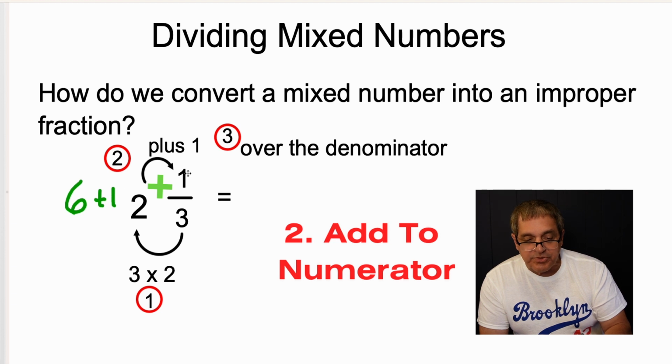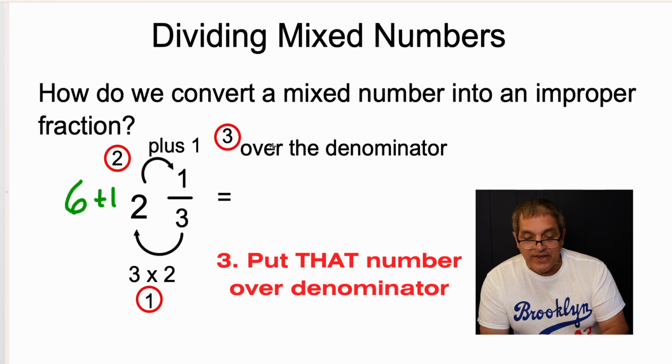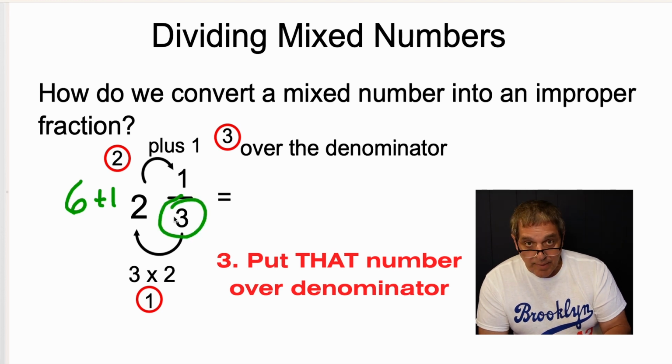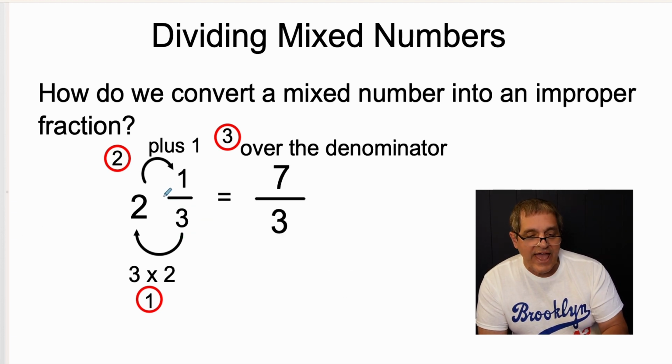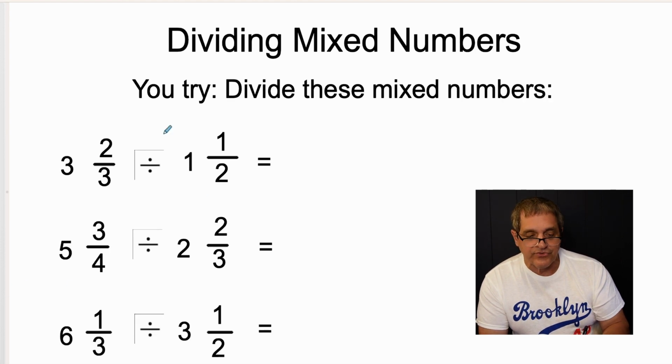So now it becomes 6 plus 1, which is 7. And then step 3 is you put that number over the denominator. So remember, when you're converting a mixed number into an improper fraction, the denominator you start with is the denominator you will have. It does not change, okay? So we have our 2 1/3 is equal to 7/3.